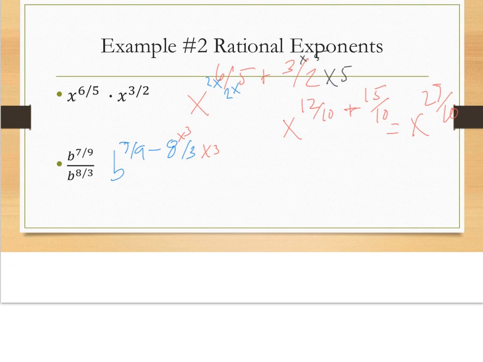So my new fractions are going to be 7/9 minus 24/9. If I subtract those, I'm going to get b to the negative 17/9. We don't like leaving our answers with a negative exponent, so I can rewrite it as a positive exponent by putting it in the denominator, putting a 1 on top.